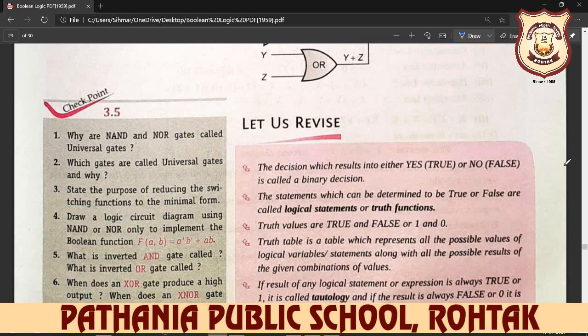With the combination of these 3 gates, we make some more gates, and 2 universal gates, NAND gate and NOR gate, and 2 more gates are there. One is your XOR gate and second is your XNOR gate. So we learned total OR gate, AND gate, NOT gate, NAND gate, NOR gate, XOR gate, and XNOR gate.